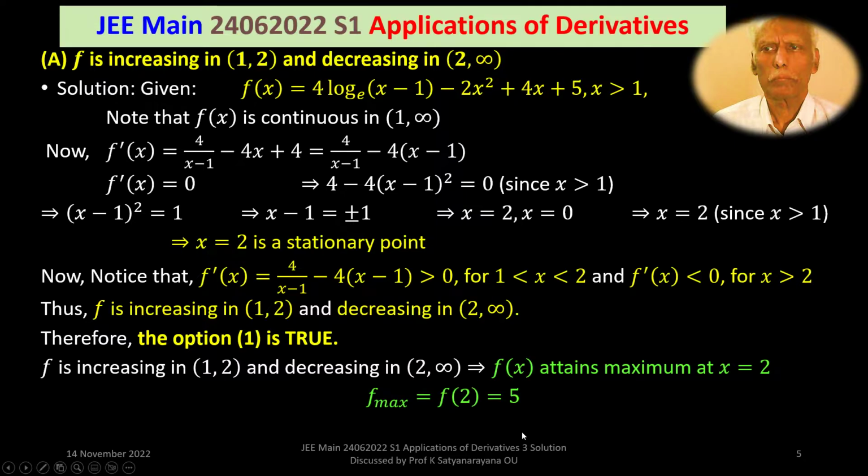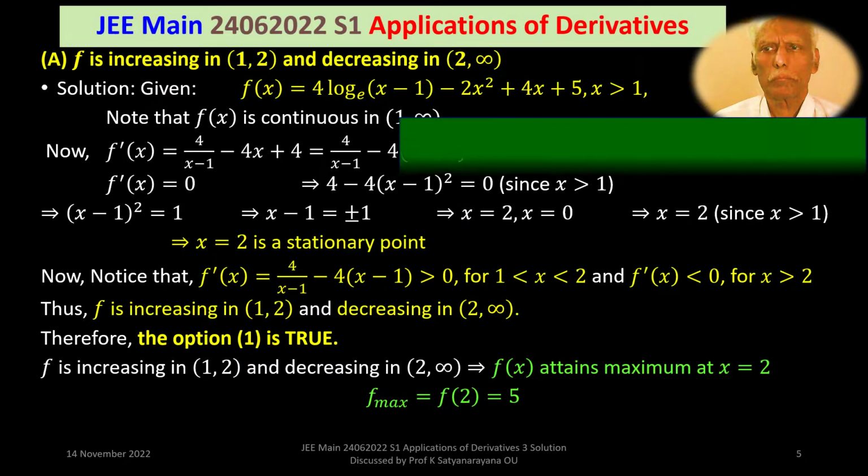So that means f increases in the interval (1, 2), attains a maximum, that is f(2) = 5, and then decreases in (2, ∞). That means f(x) being continuous, the graph of f(x) is a parabola-like curve. So that's what we can conclude. We will discuss that at a later discussion.